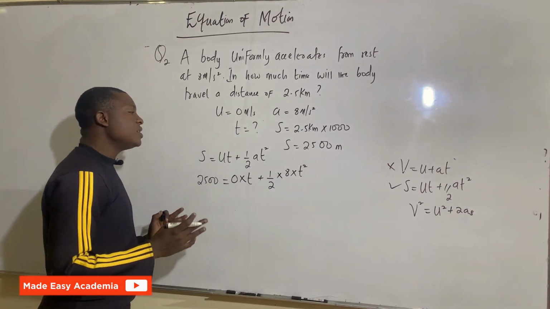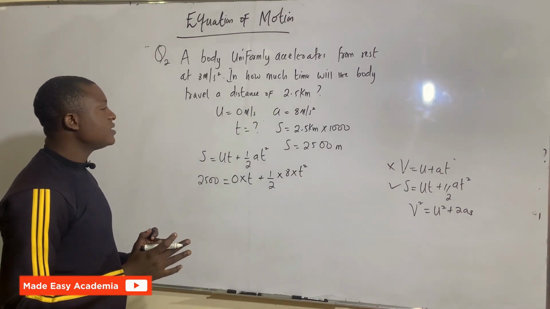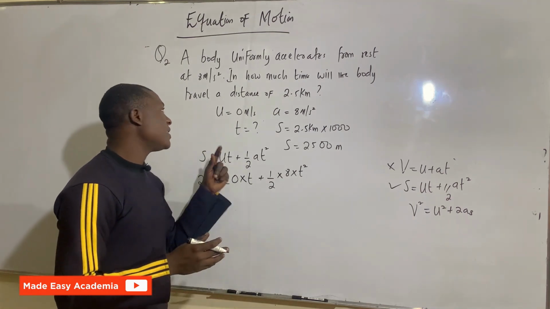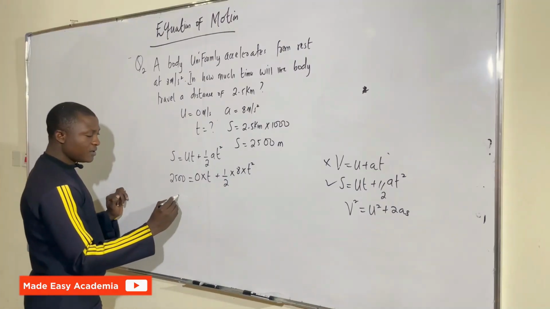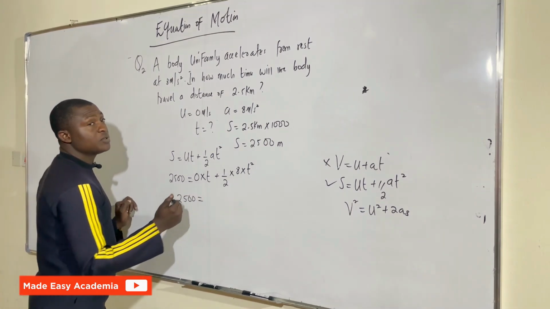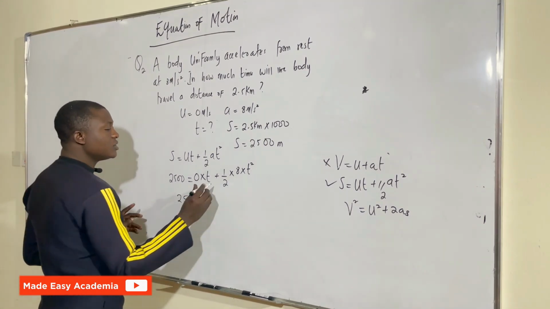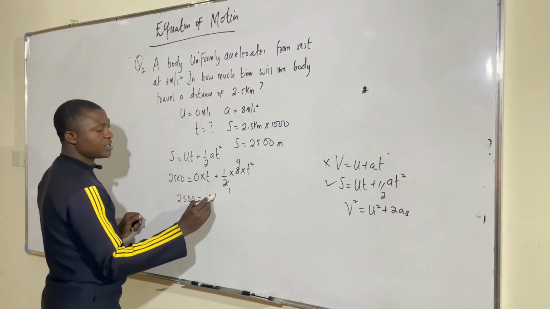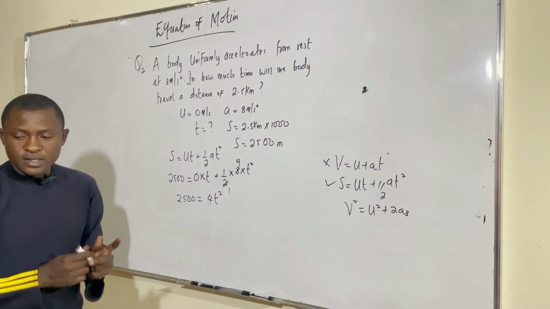The most important thing is to first read out the equations and look at the one that satisfies the given data. So 0 times t gives 0, and 1 over 2 times 8 gives 4, so we have 4t squared.